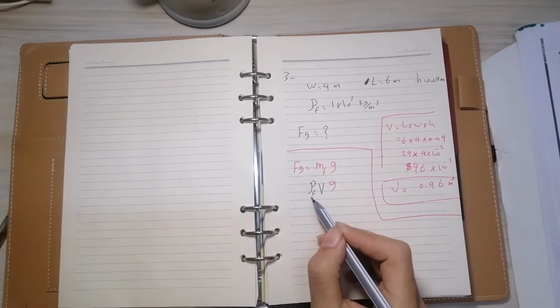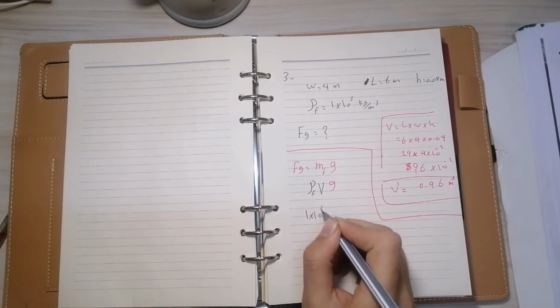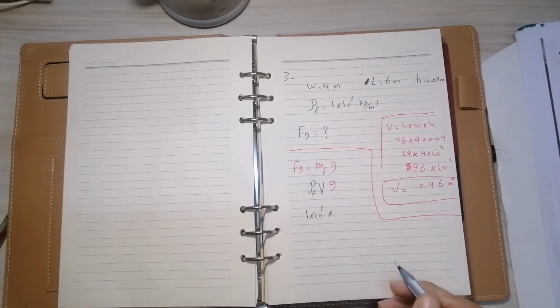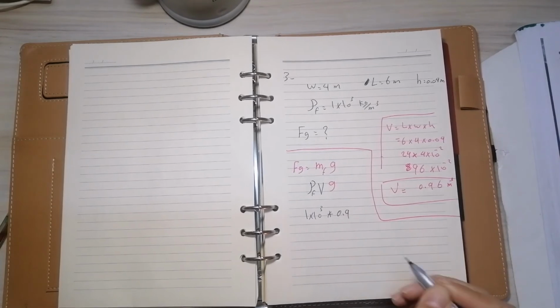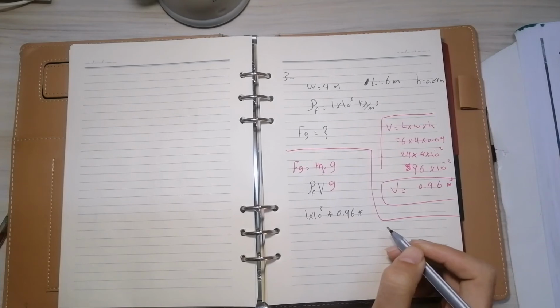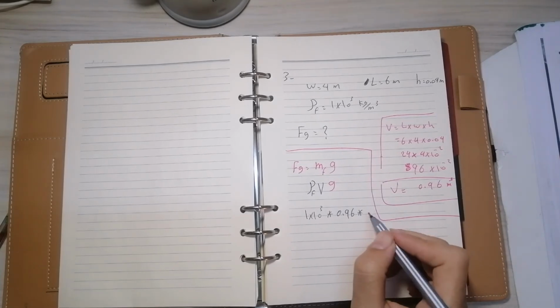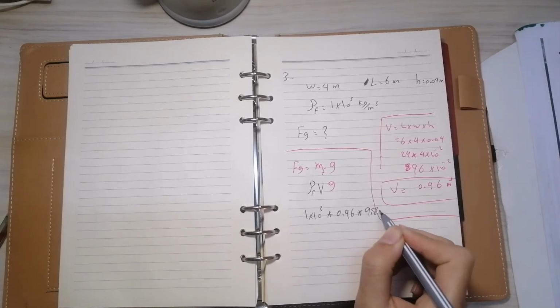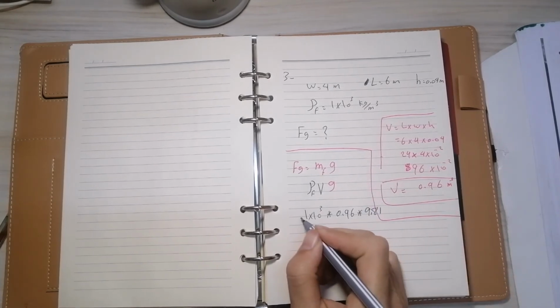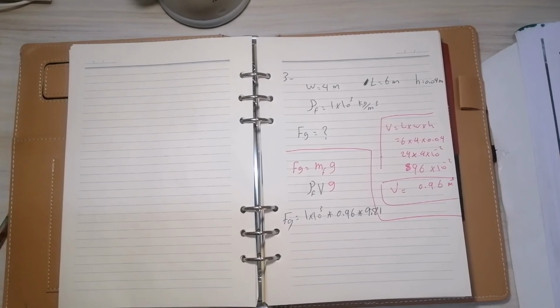So what is the density of the fluid? The density of the fluid is 1000 multiplied by the volume. Volume was 0.96, multiplied by G, which is 9.81. I could have said 10, but no problem. I'll write down 9.81. So this is my Fg. If you multiply all of those numbers together, what do you get? Let me see.